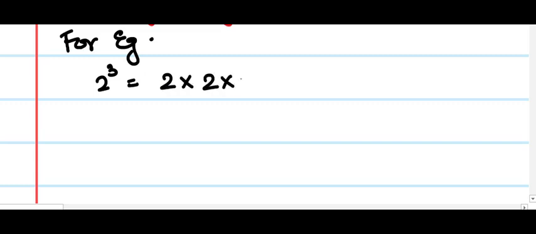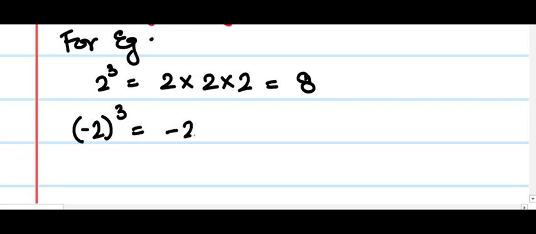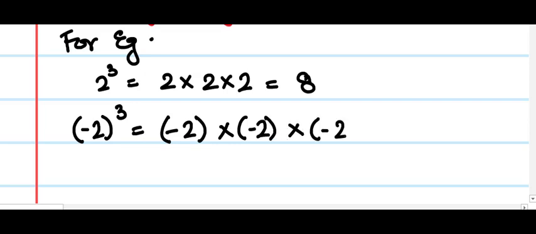For example, if I take 2 cube, which is 2 into 2 into 2, the result I know is 8. But in the case of minus 2 cube, the result will be minus 2 multiplied by minus 2 and again multiplied by minus 2.